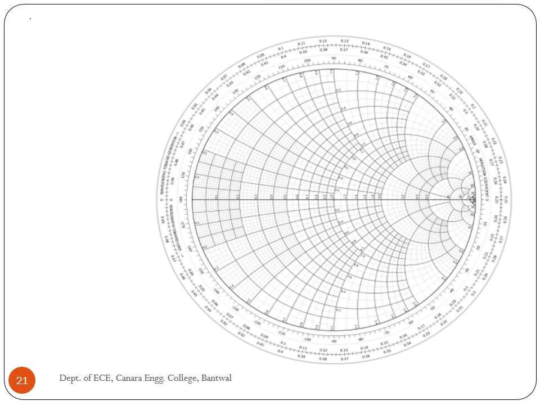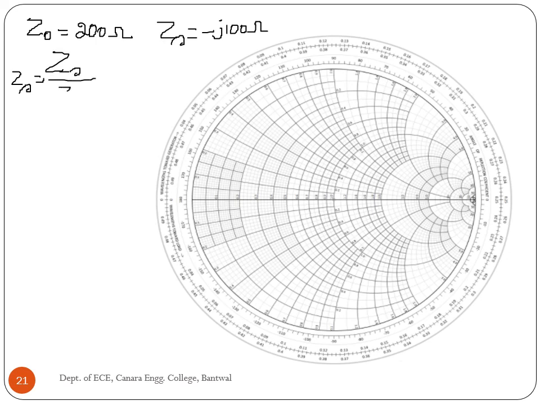Z0 is given in the problem. Z0 is equal to 200 ohm. Zs is equal to minus j100 ohm. The normalized value of the source impedance is the given source impedance divided by the characteristic impedance, which is minus j100 ohm divided by 200 ohm.